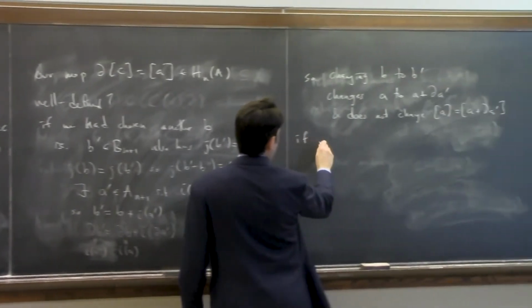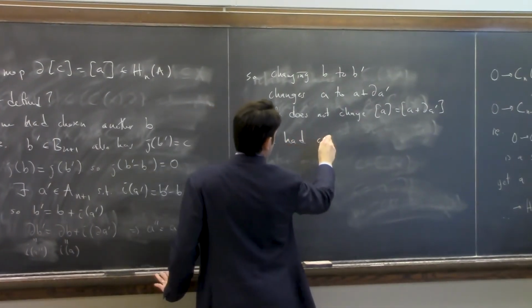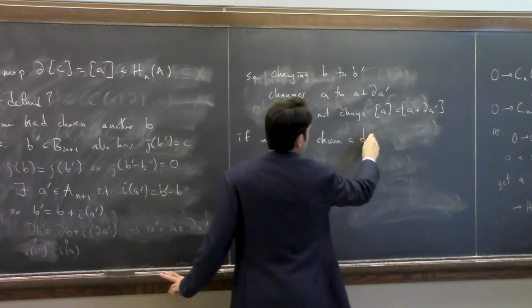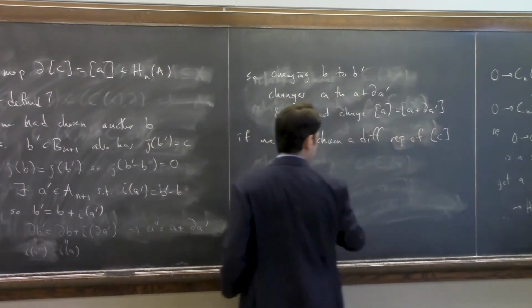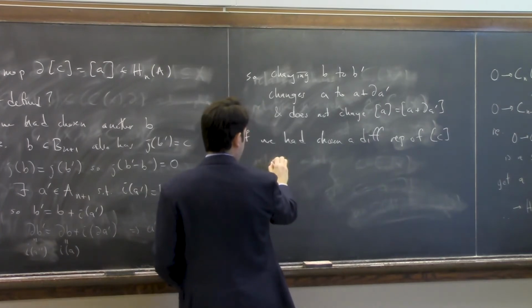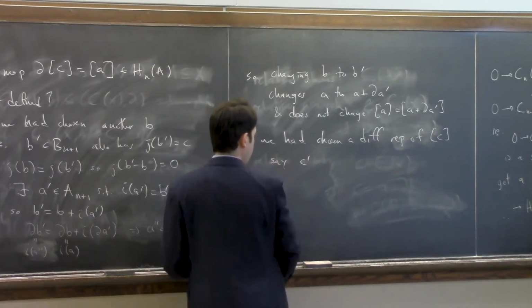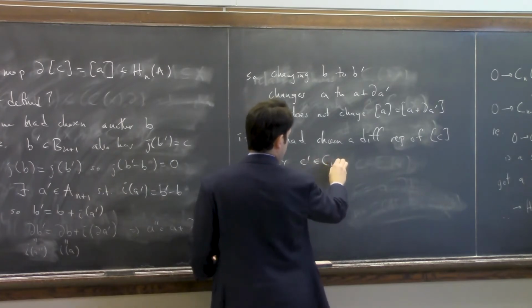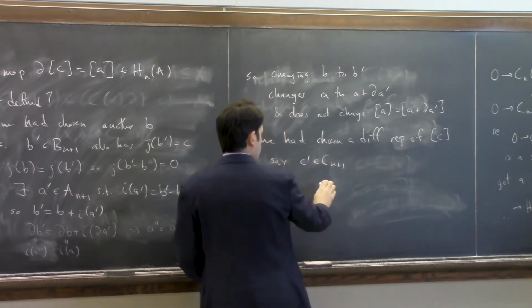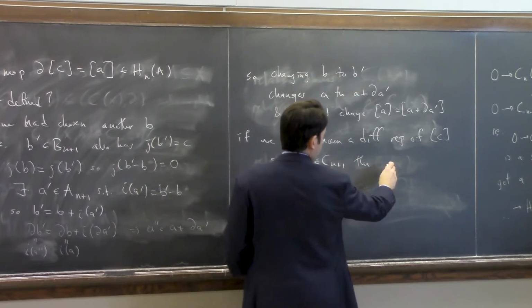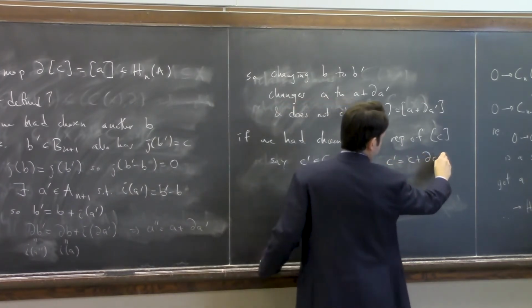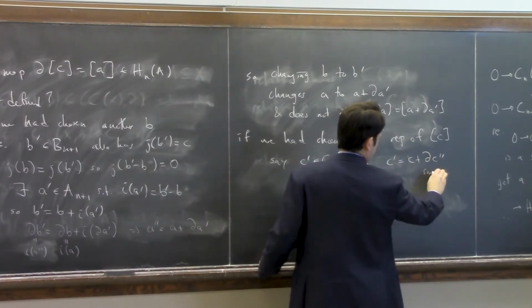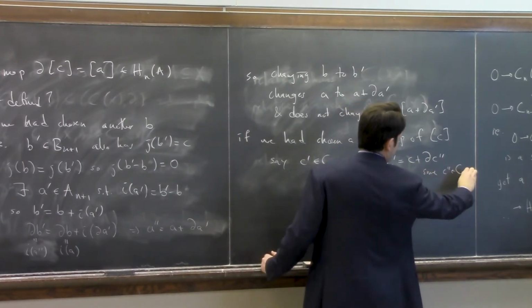So if we had chosen a different representative of the class of C, say C prime, then, well, we know that C prime is equal to C plus a boundary of something in n plus 2.